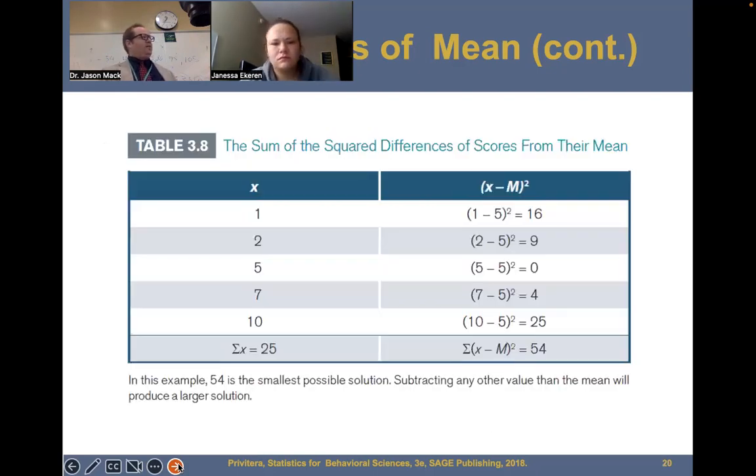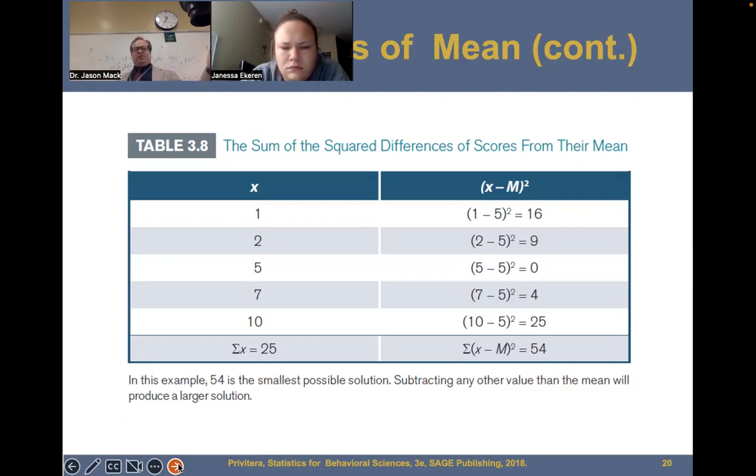That's what that looks like. The sum of all the values is 25. So the smallest possible solution is 54, and subtracting any value other than the mean will produce a larger solution. In this case, we take the value of X and subtract the mean.